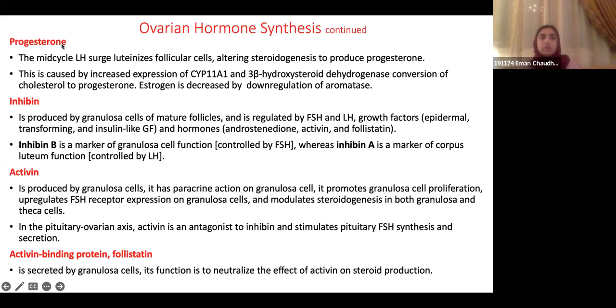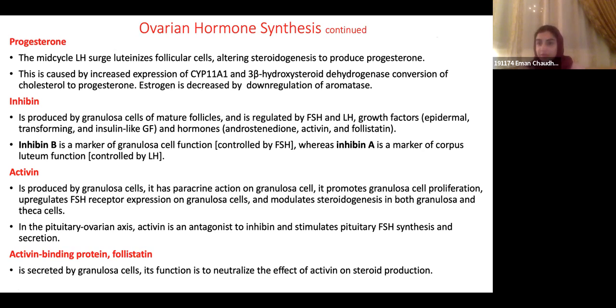Okay? Now, the progesterone that comes out in the luteal phase is produced by steroidogenesis. And why is that progesterone important? Because it maintains your endometrium. In case your egg, in case your oocyte is fertilized, it will implant into the endometrium. Okay?